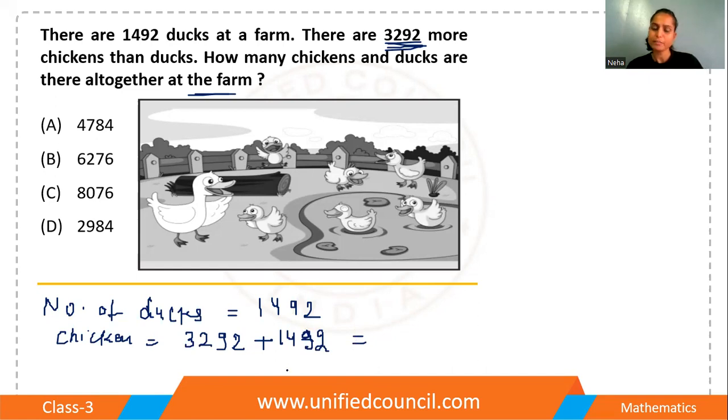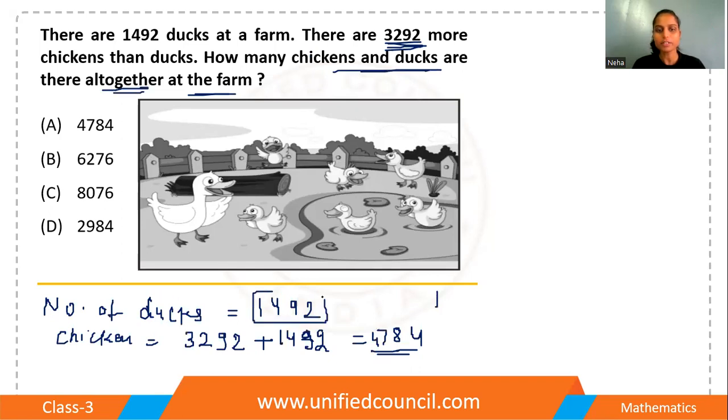Clear? So let me add these two numbers. 2 plus 2, 4. 9 plus 9, 18. So 8 and 1, 10. 4 plus 2, 6. 6 plus 1, 7. And 3 plus 1, it is 4. So this is 4,784. Correct? Now the question is asking that how many chickens and ducks are all together at the farm.